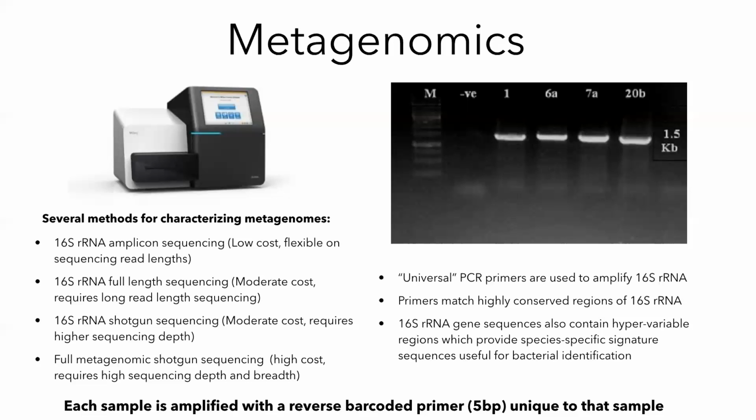16S region is the ribosomal RNA, and this is characterized, we'll talk in the next slide, this is only specific to prokaryotes, so they're not going to be included in the host, right?